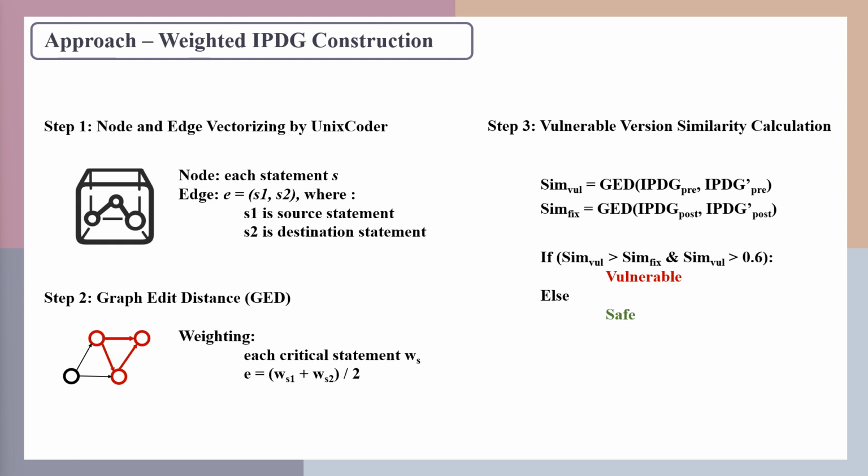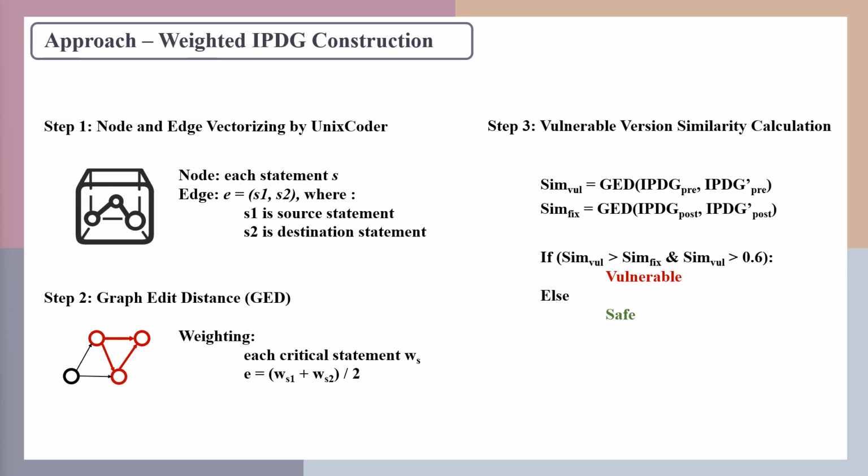Next, Vision constructs the IPDG. It leverages UniXcoder to vectorize the nodes and edges in the IPDG, and weights the critical methods identified before as WS, while the edge weight is the average of its source and destination.